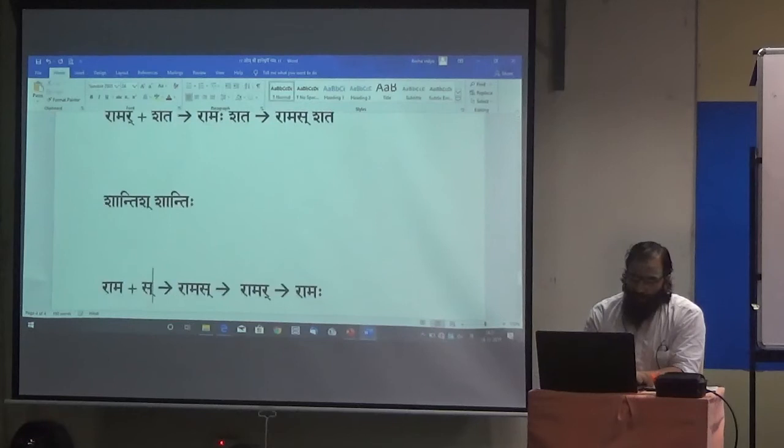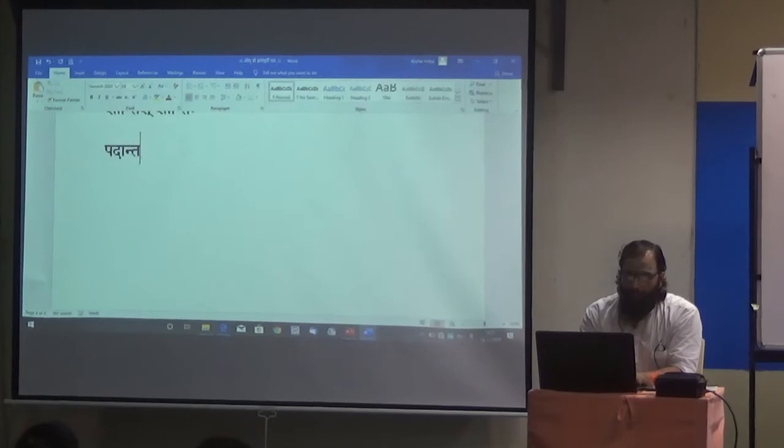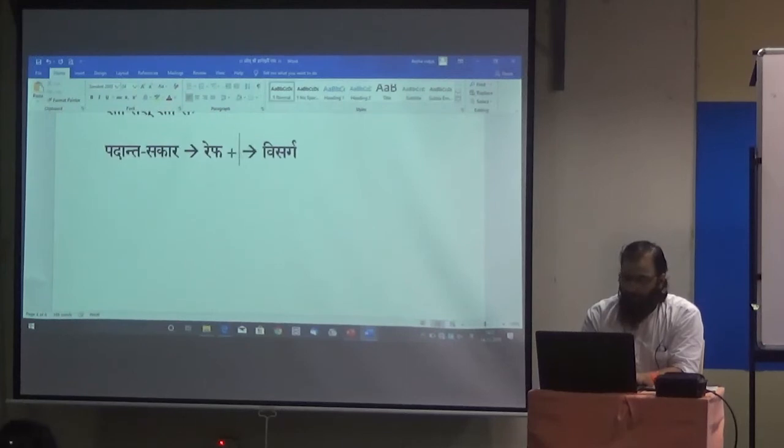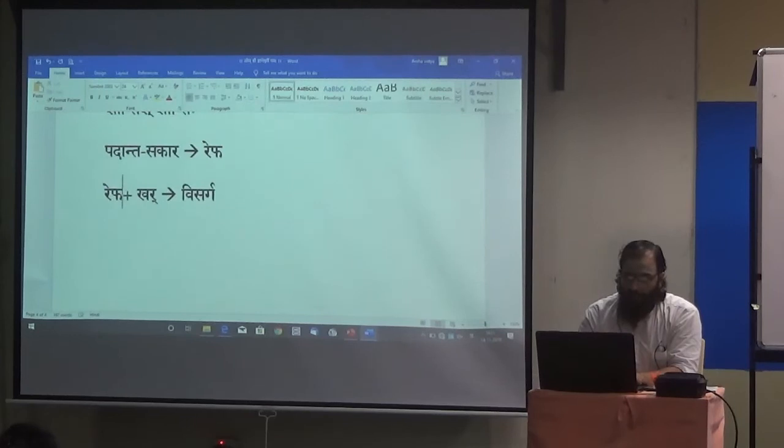So, now what you need to understand is, in simple words, I'm writing again. Padanta sakara becomes repa, and repa becomes visarga when followed by a kar letter or avasana. And now the visarga will undergo changes.